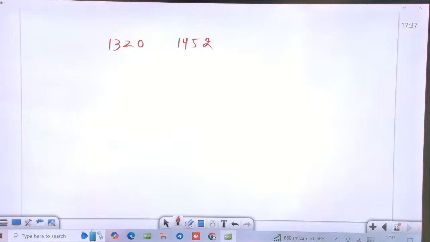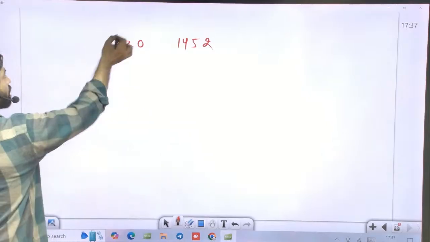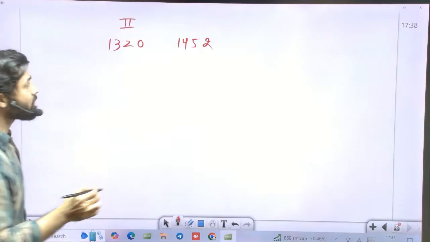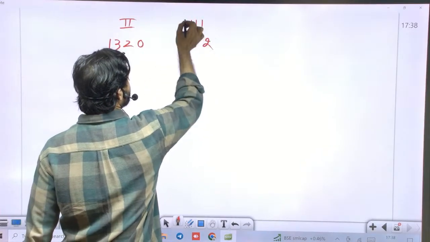Look at the question. The question is very simple. The annual compound interest on any amount is 1320 for the second year and 1452 for the third year. So this is CI for the second year, and this is CI for the third year.